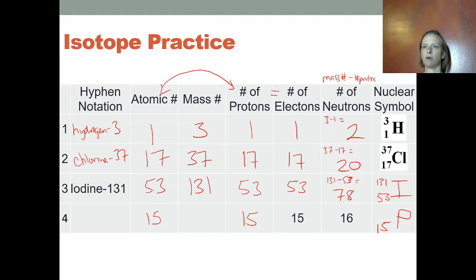Well, my mass number is the number of protons plus the number of neutrons. So 15 plus 16 is 31. So that's my mass number that I put up top on the phosphorus. And I'm left with phosphorus 31.